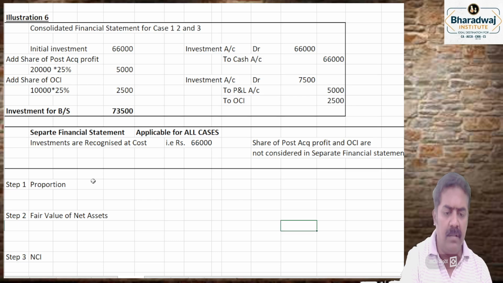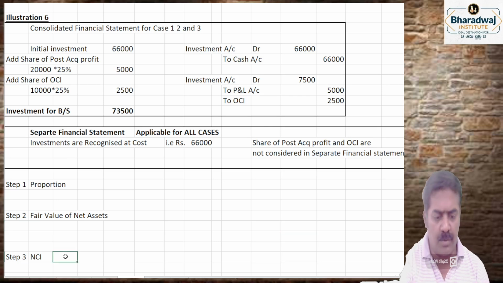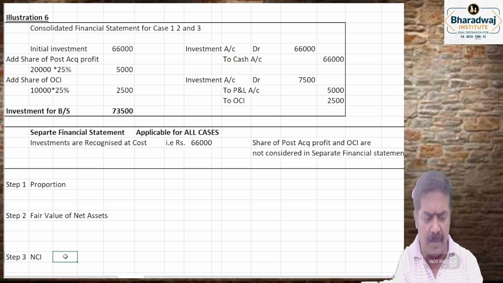Or you can apply proportionate net assets method also. Anything is okay. If the examination question is silent, you can go for proportionate net assets method also. Okay, so for uniformity in answer, let us maintain proportionate net assets.